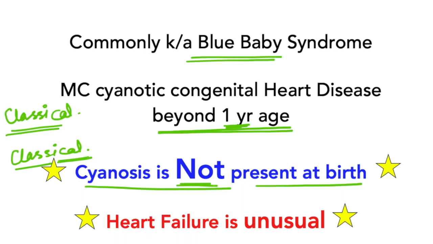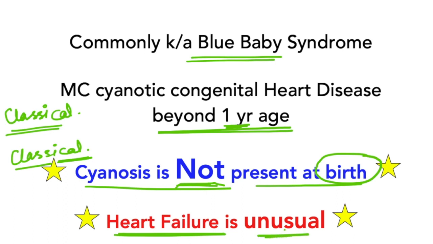So cyanosis is not present in patients with classical tetralogy at birth. These patients do not have heart failure. So heart failure is unusual in patients with tetralogy of Fallot.